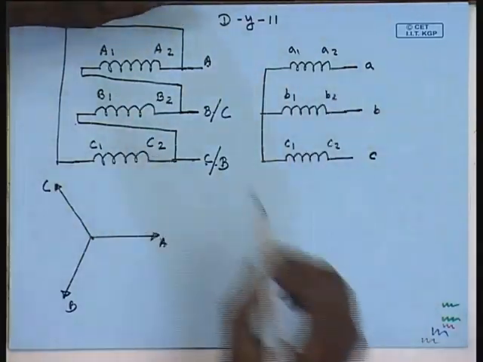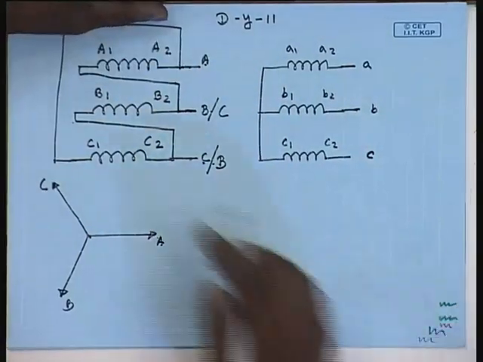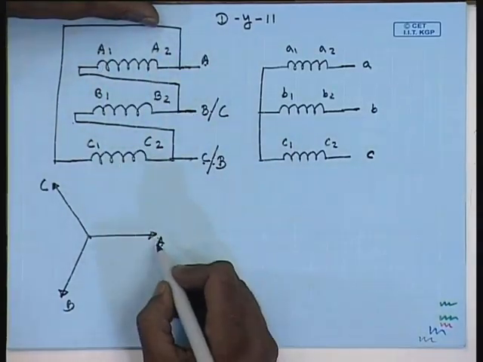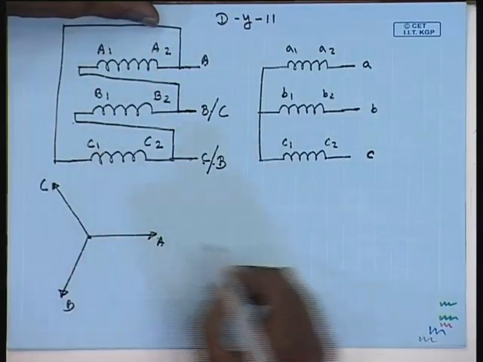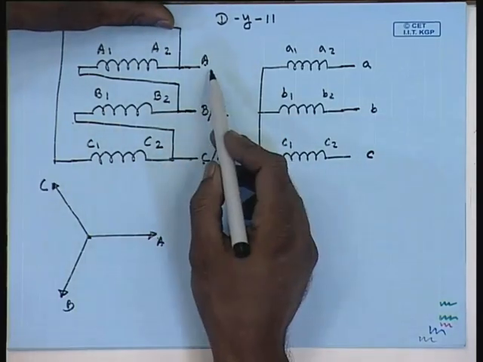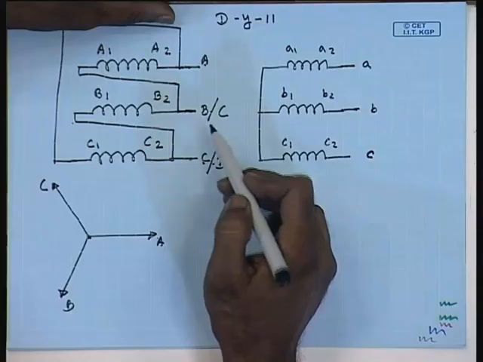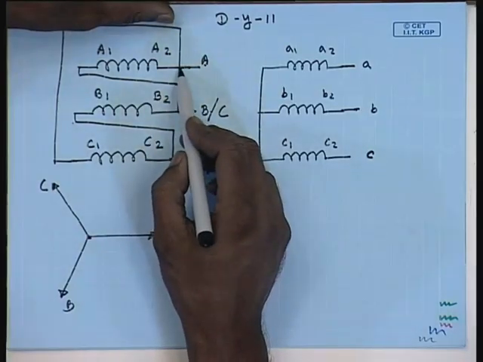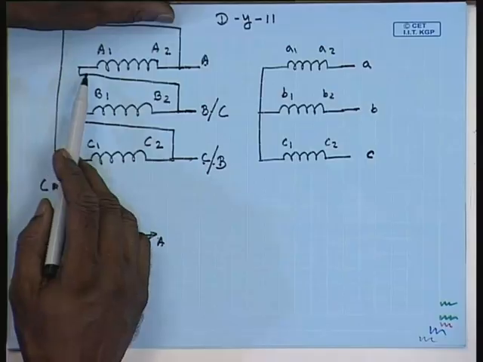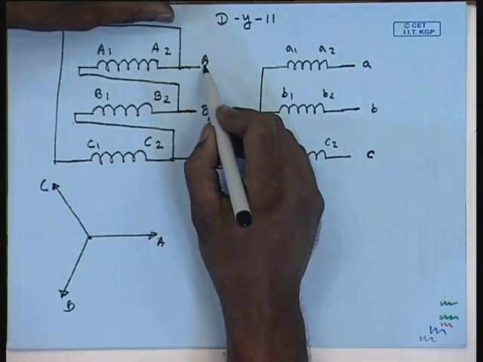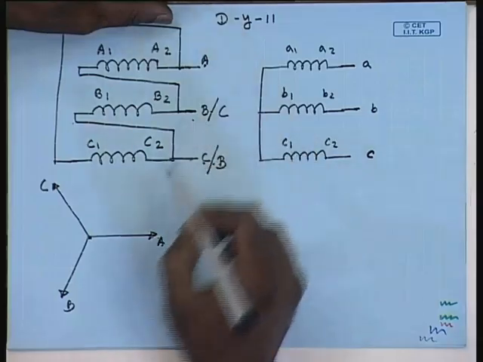The winding voltage phasor V A1 A2 is now the line voltage V AC. The voltage of terminal A2 with respect to A1 is now the line voltage VA with respect to C.